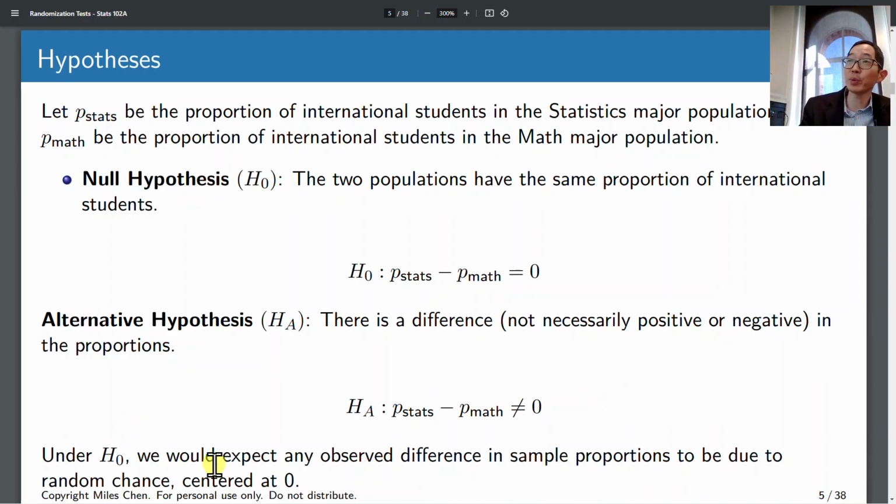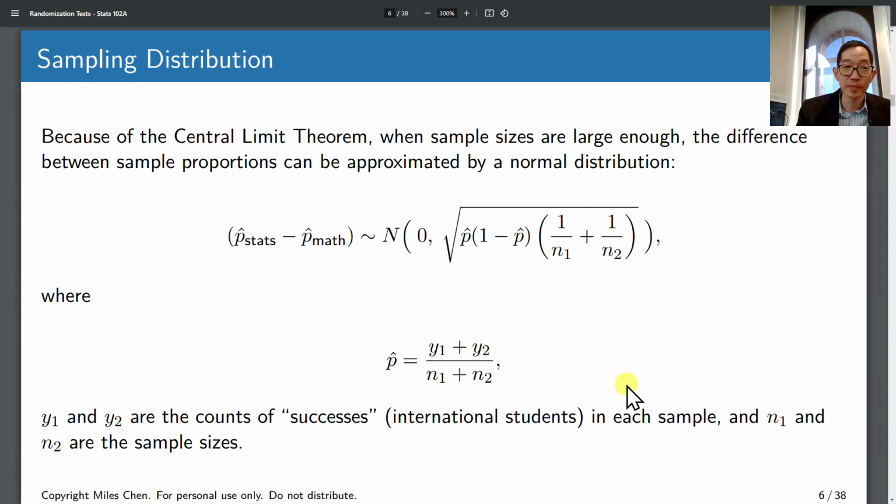And so if the null hypothesis were true, we would expect any difference we see between sample proportions to be because of random chance, and we would expect those differences to be centered at 0. The central limit theorem says that if your sample sizes are large enough, the difference between sample proportions, that is this quantity, p hat stats minus p hat math, can be approximated with a normal distribution.